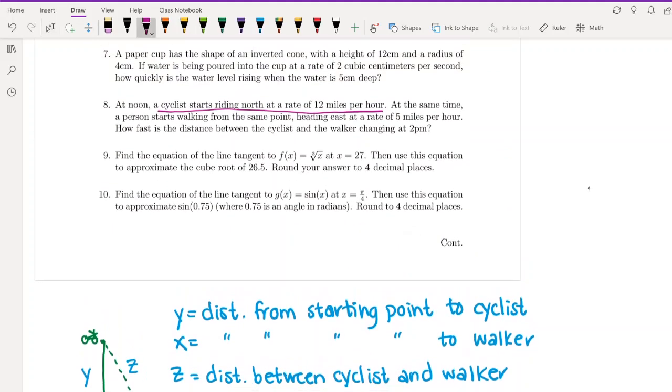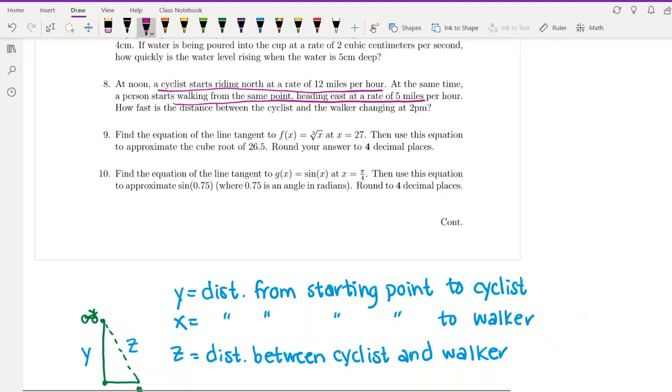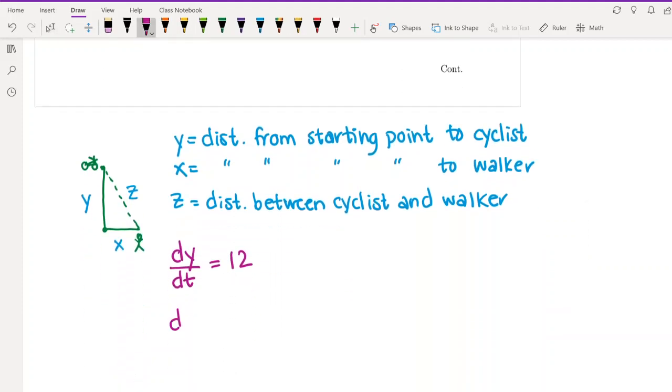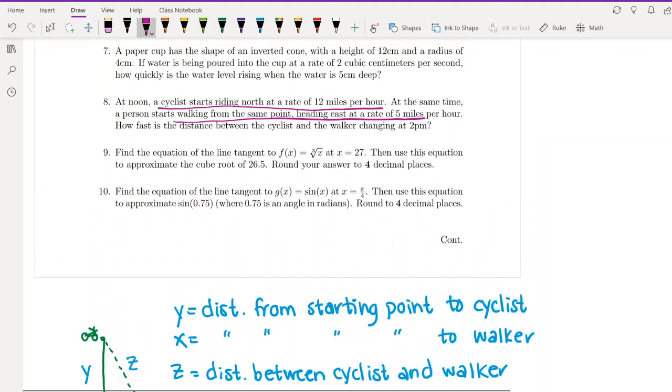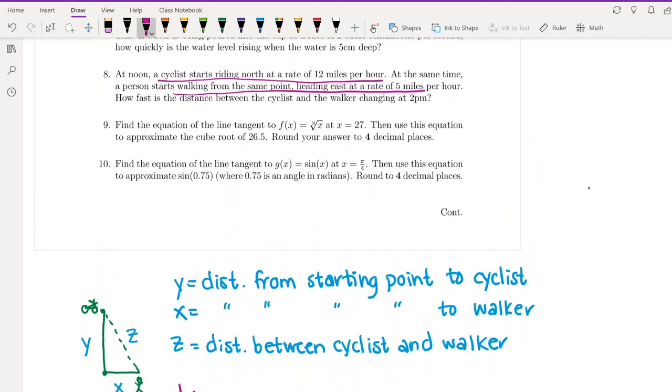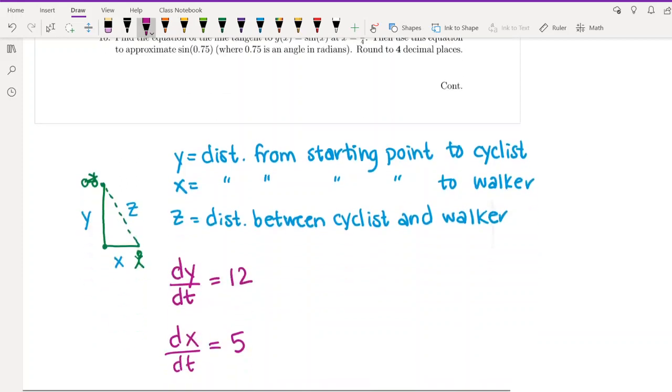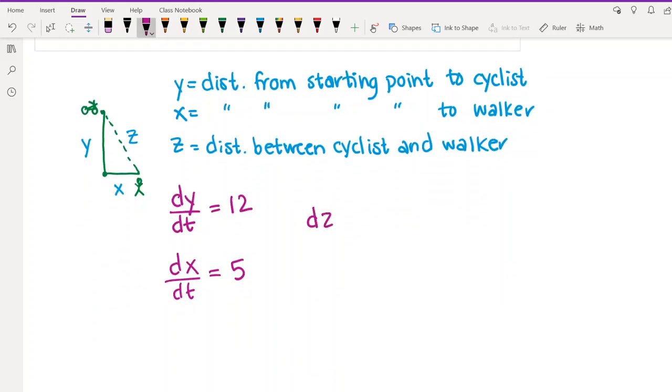We see that the person is walking at 5 miles per hour, so that means that dx/dt is equal to 5. And then the question is asking us, how fast is the distance between them changing? And so that means that we're trying to find dz/dt.